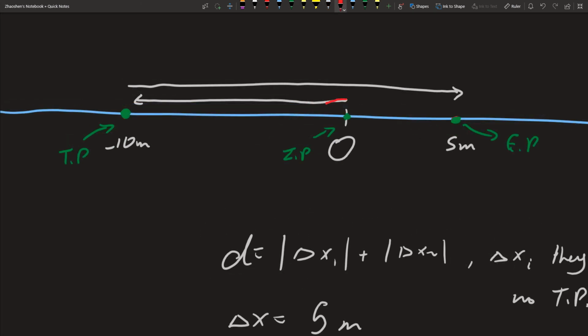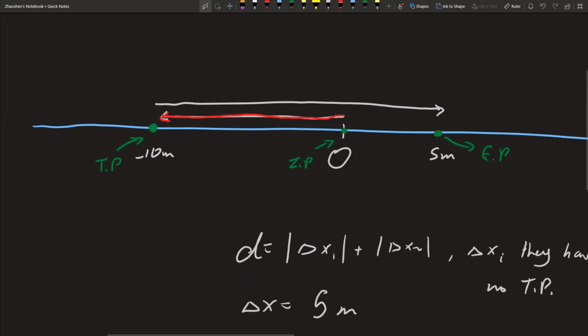This will be your first displacement. It's a vector. Well, in this case, it's not. It's just a number, but we can visualize it as a vector. That's your first displacement, right? Notice that there are no turns. This is your second displacement.